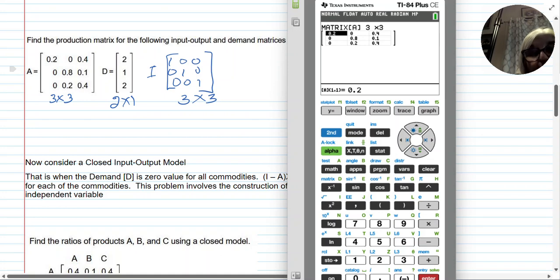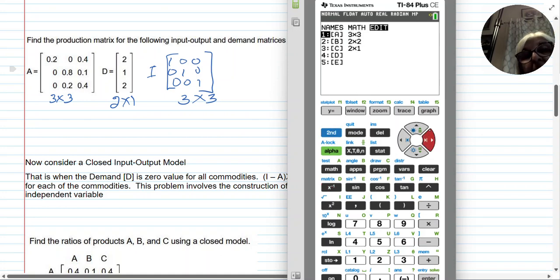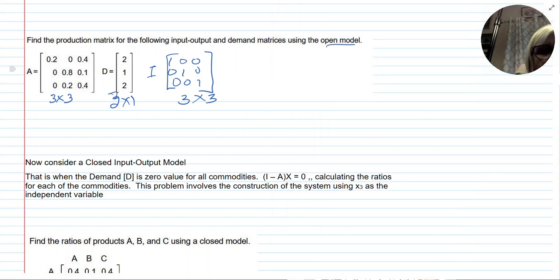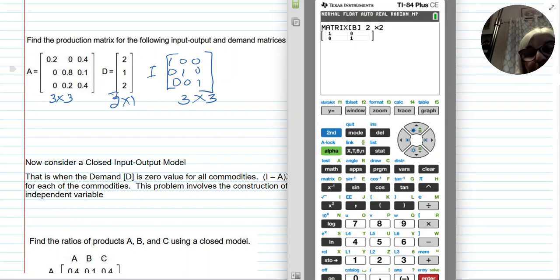All right, so now I'm going to do second matrix, and I'm going to edit. I'm going to do the B. That's my identity. And this is a 3 by 3. Ooh, this is a 3 by 1. Sorry about that, class. All right, so we're going to do a 3, enter 3 for our identity.